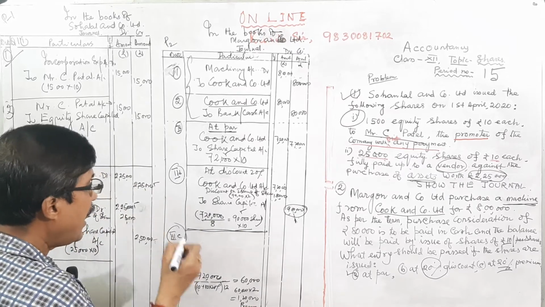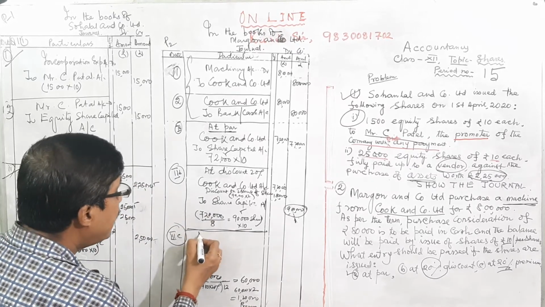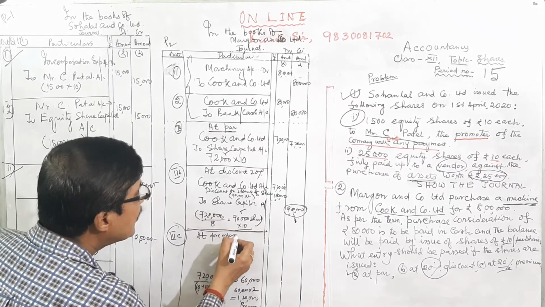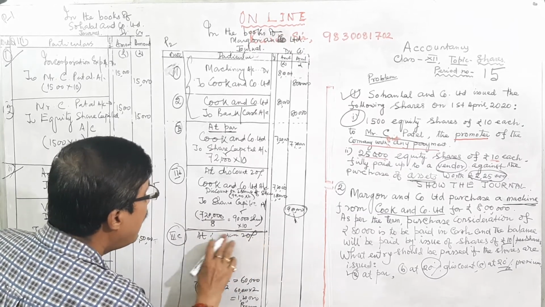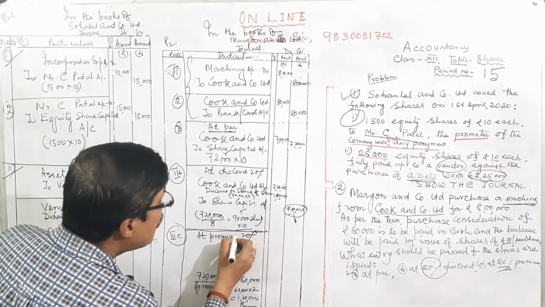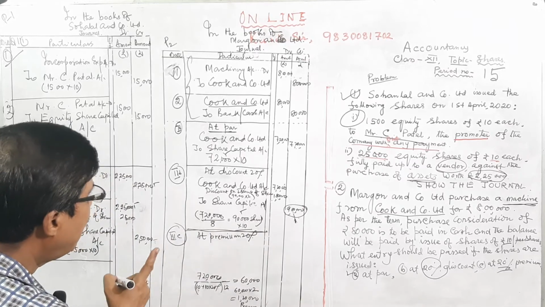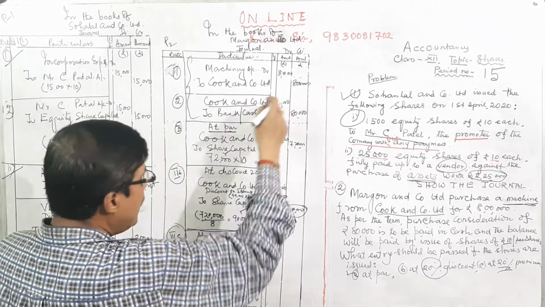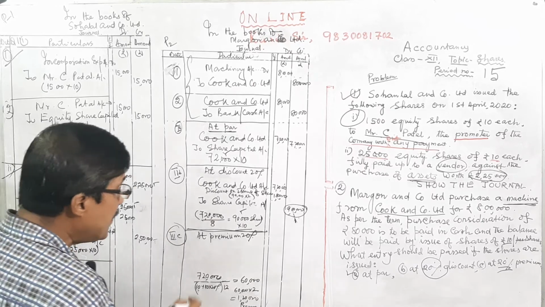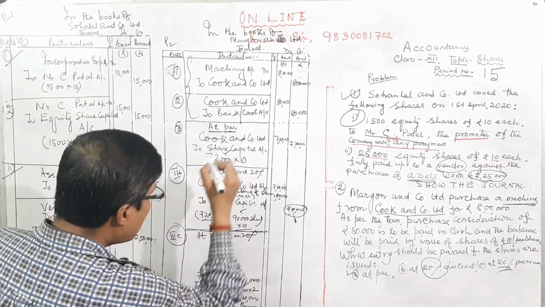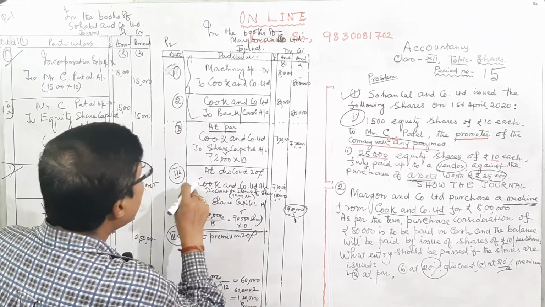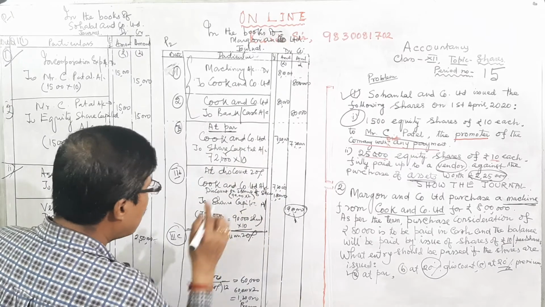That is why the entry will be at 20% premium. First, Cook and Company is to be debited by how much? 7,20,000. In all cases, 7,20,000.